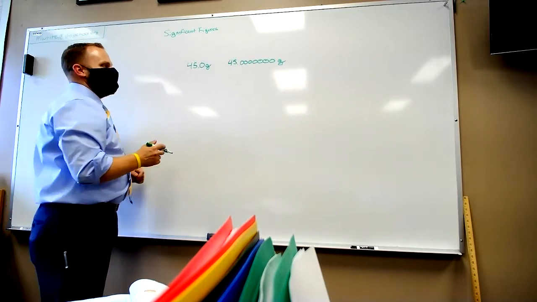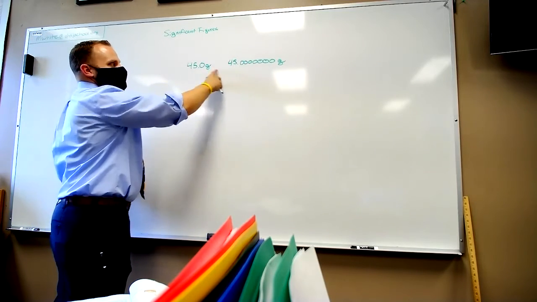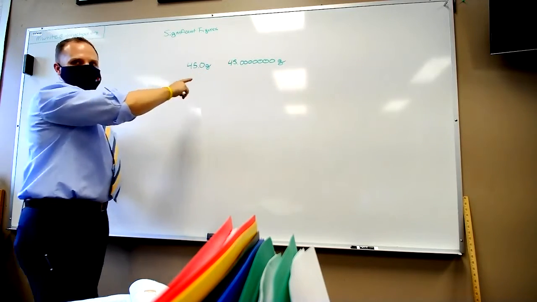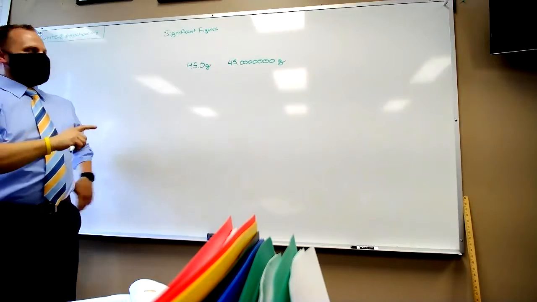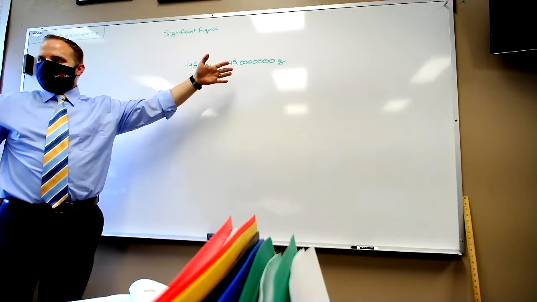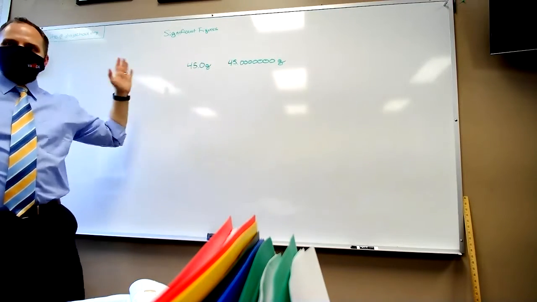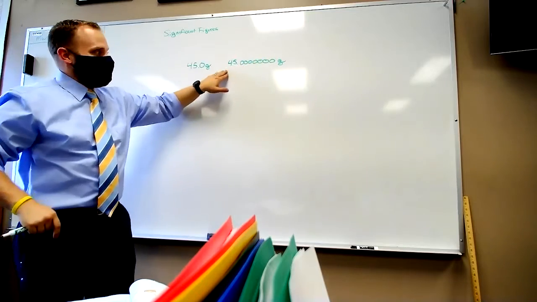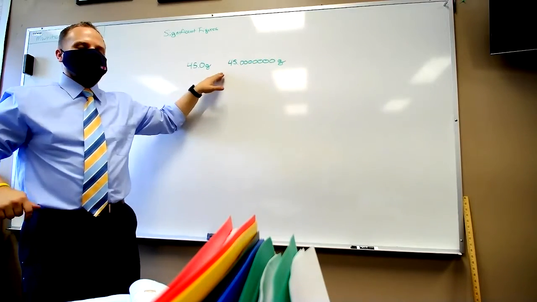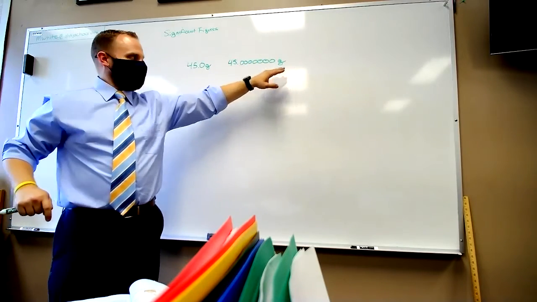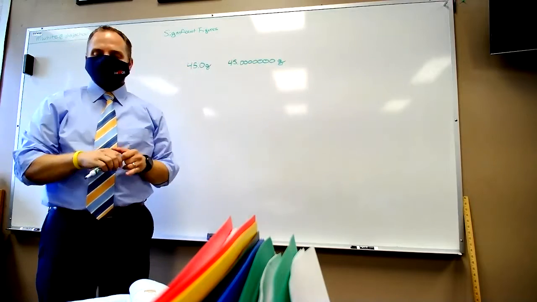Because in chemistry, these are two very, very different numbers. In math class, that's exactly the same. But in chemistry, those are actually different numbers. This one represents a very, very high level of accuracy or precision.